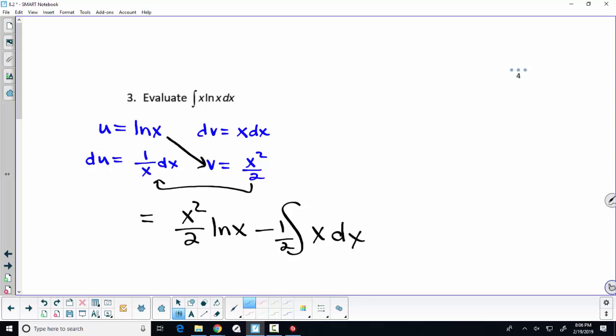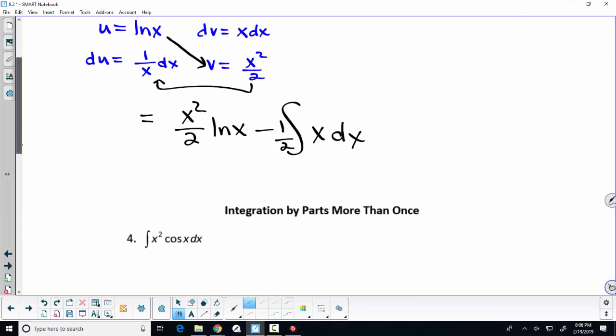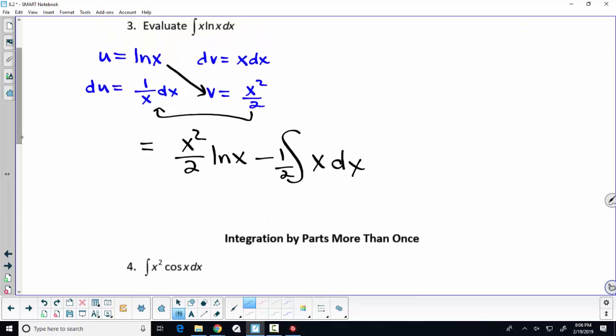Is everybody okay with that? Why is it just x? Because we've got an x squared divided by this x. So v, the integral of v du. We've got x squared over 2 ln x. We have x squared over 2 times negative 1/2.